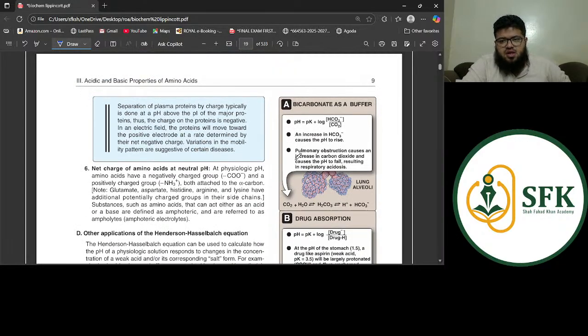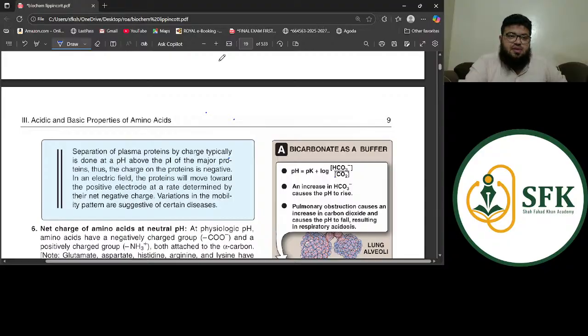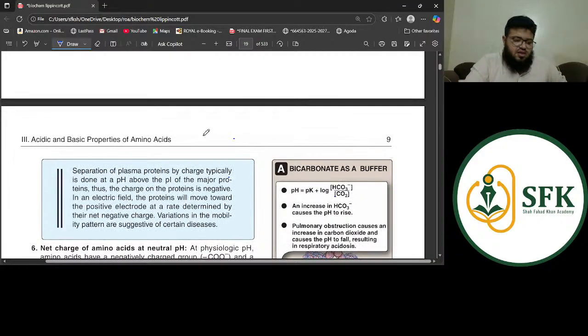Okay, bicarbonate can act as a buffer as well. Yeah, that's true. And this bicarbonate is actually one of the major buffers of our blood, maintaining the blood pH. Okay, let's see how it works. Where is the bicarbonate formed, or where does the bicarbonate come from? The bicarbonate comes from carbon dioxide, which is dissolved in water. Okay?